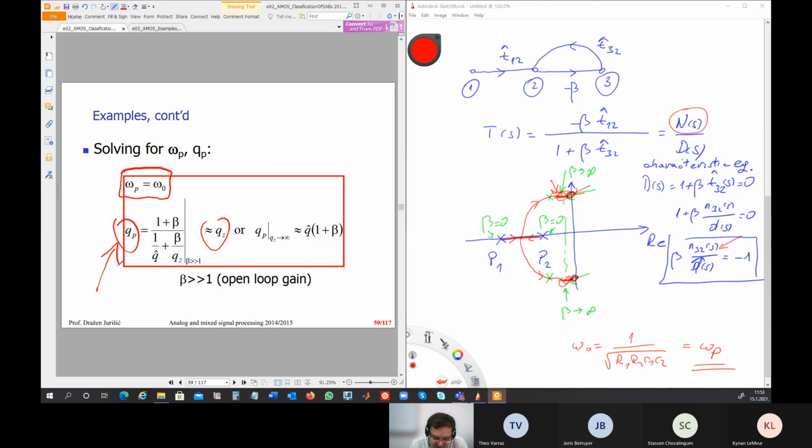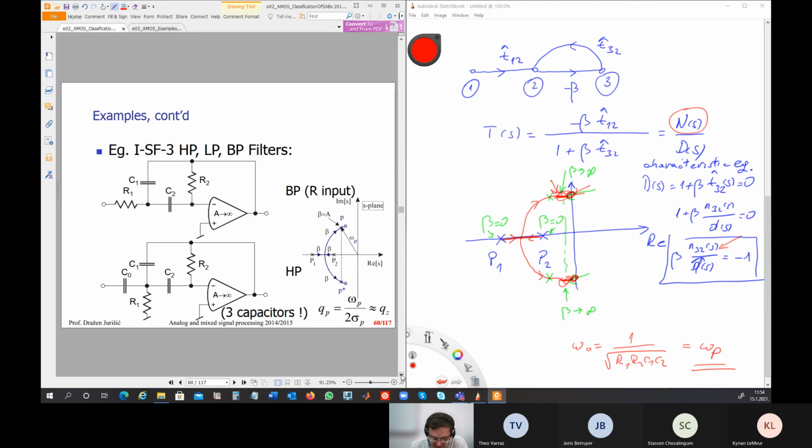But let's say we are using open loop gain. Now we see the circuit. Probably you have already seen such a circuit. This is going here to minus, and this is another form, which has, for example, here a bandpass T1,2, and here a high pass T1,2.